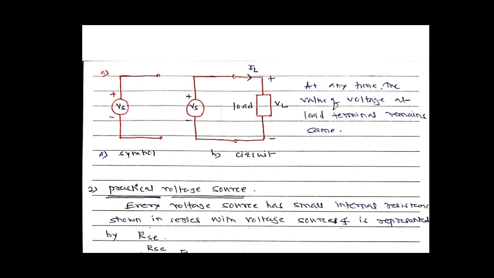So according to the definition, Vs is the voltage source, and it gives a constant voltage at its terminal. Here I have mentioned that at any time the value of the voltage at the load terminal, VL, remains the same. That is called the ideal voltage source.